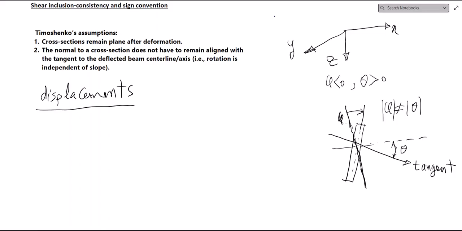Now, using a rotation matrix, I want to define very precisely what's happening here and what the relationship of phi to theta is, and obviously some additional angle that will lead us to the shear strain and shear stress.